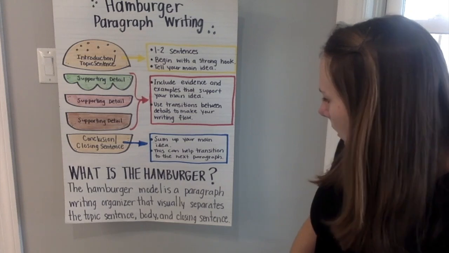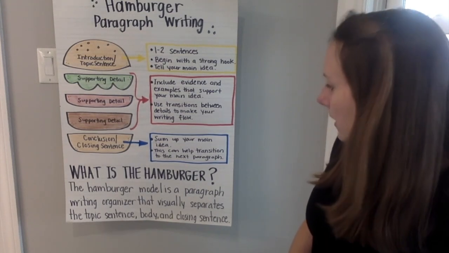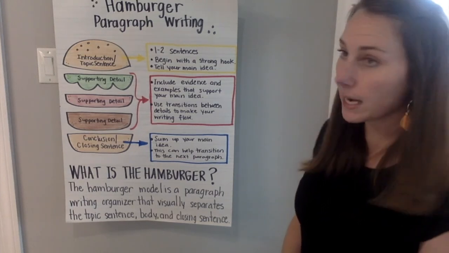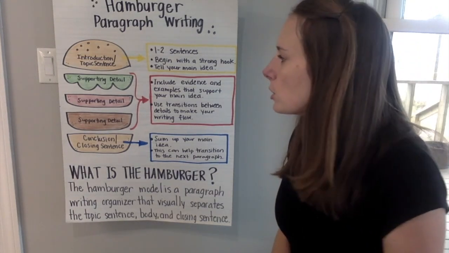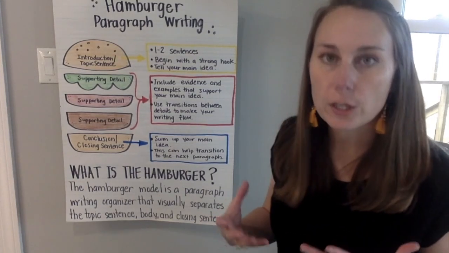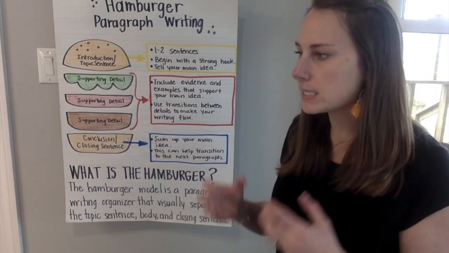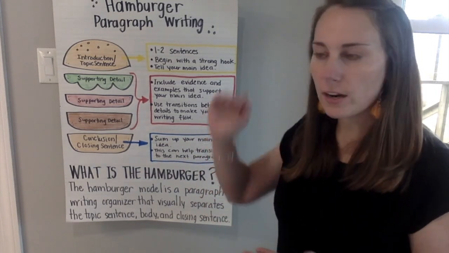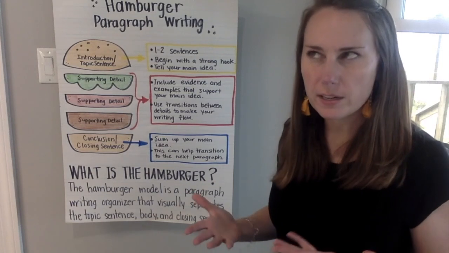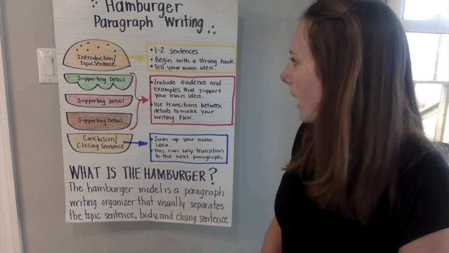The Hamburger Model is a paragraph writing organizer that visually separates the topic sentence, body, and closing sentence. So you know, for a paragraph to be really good, it needs to be concise, it needs to be very clearly written so that your reader isn't confused about what point you're trying to make with your paragraph.